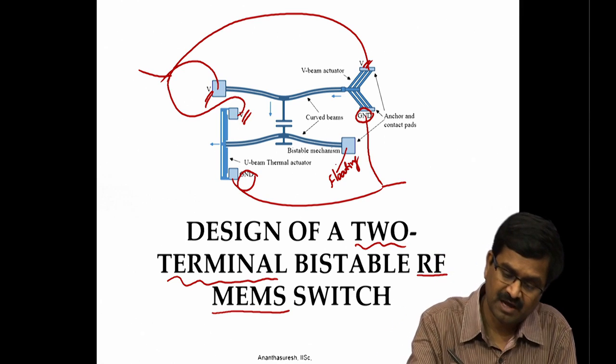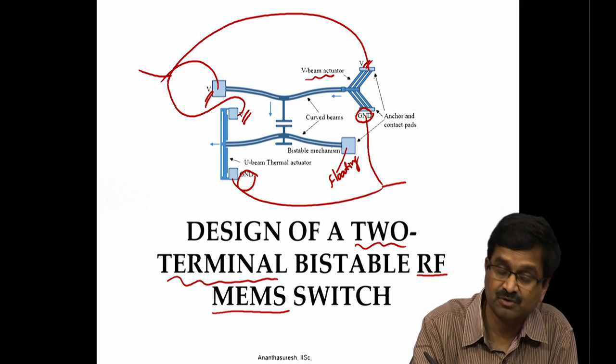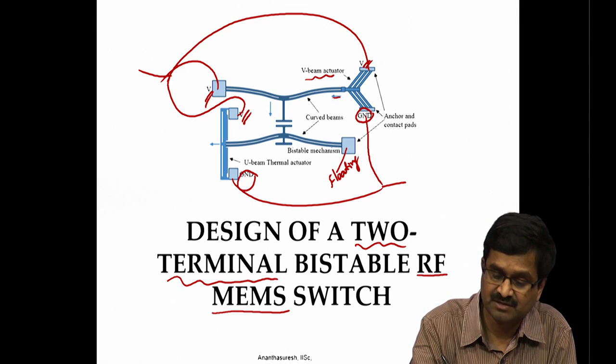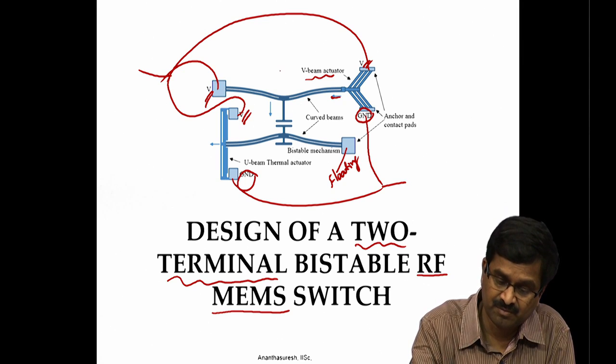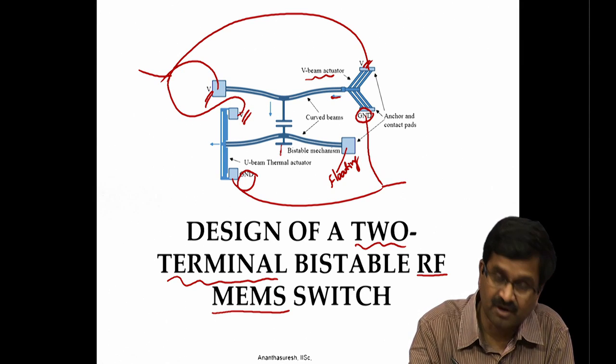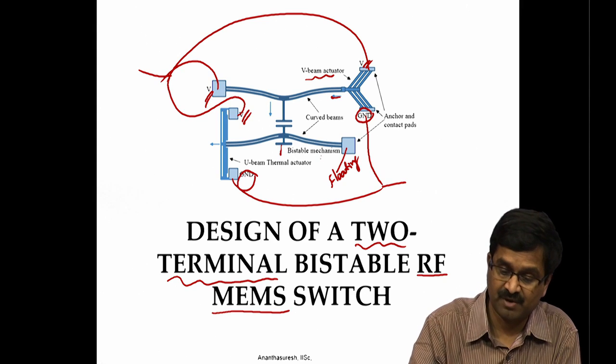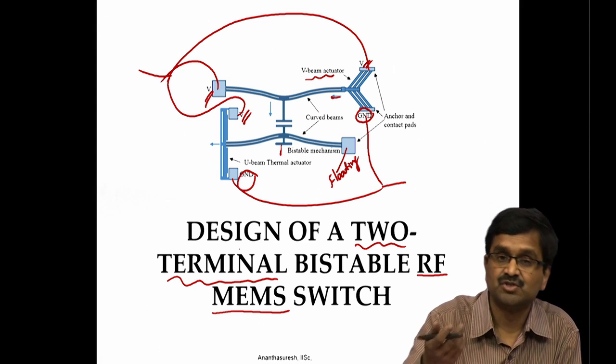So, what will happen is when you supply force, it is a V beam electrothermal actuator, it applies the force, it switches from one position to another position, and then it contacts the RF line and makes or breaks the switch, and you apply again, it will switch back.